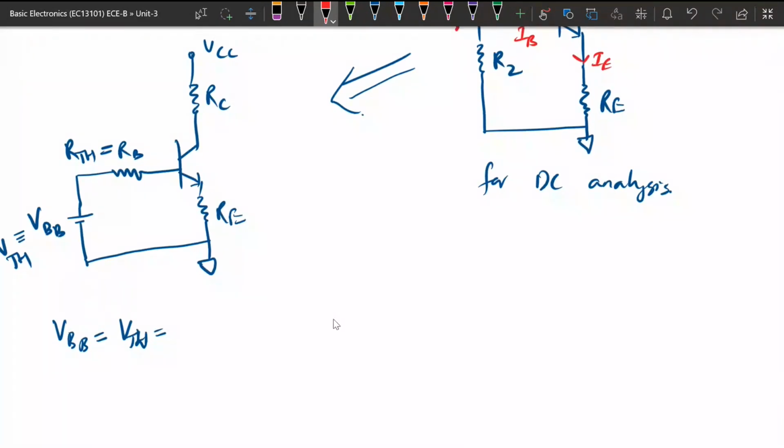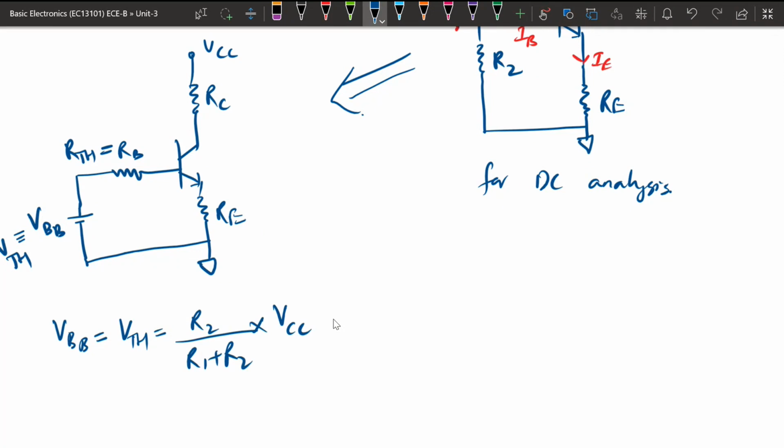So this Thevenin voltage equivalent will be similar to the voltage divider: R2 divided by R1 plus R2, multiplied by the voltage VCC.